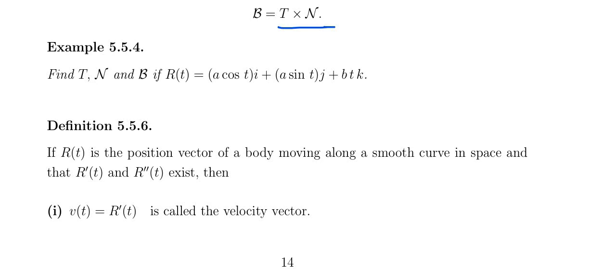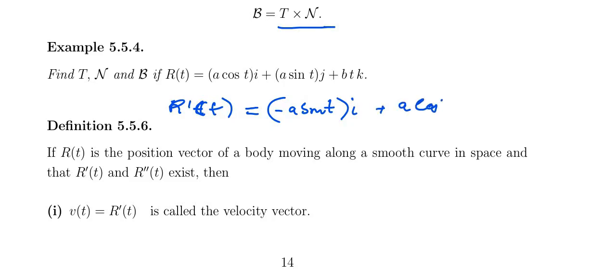So this one is very straightforward. The first thing that we do is to differentiate this. We have r of t. The derivative of r of t is going to give us negative a sine t i, and this is going to give us a cos t j, and here we're just going to get b k. So once you get this, we need its modulus.